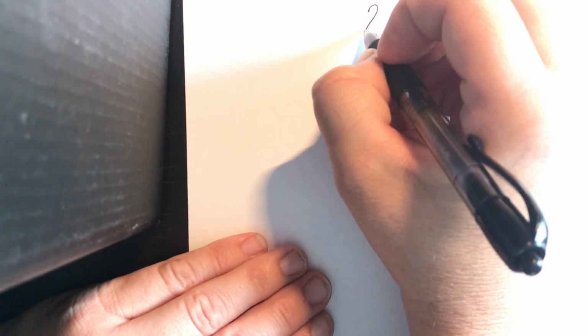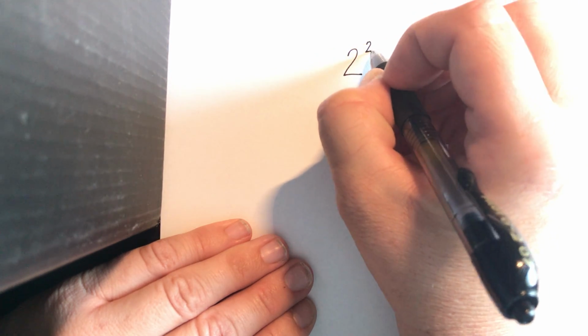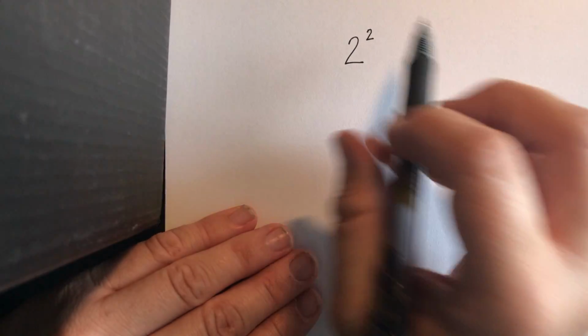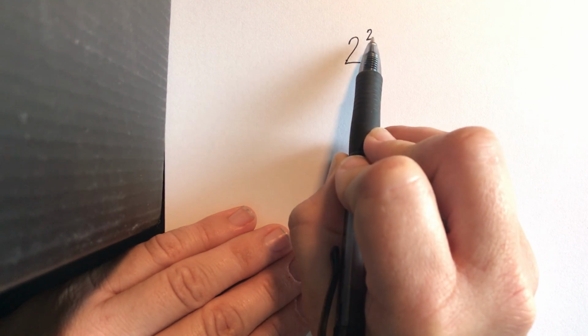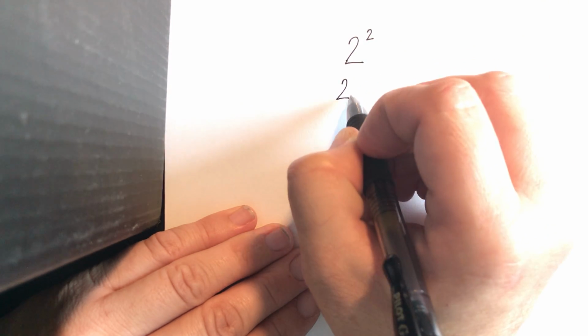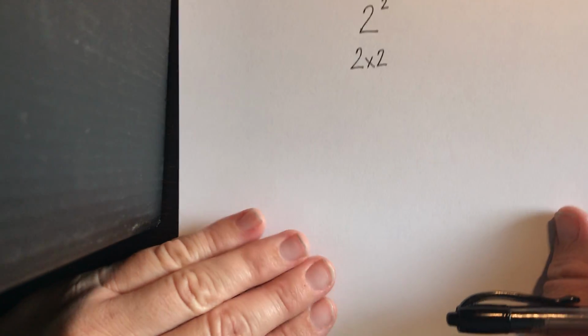So, without thinking too much about it, an exponent is a teeny number up top. So let's say that we have a 2 with a teeny tiny 2 up top. All that says is this number here is going to be times itself 2 times. 2 times 2. All right.